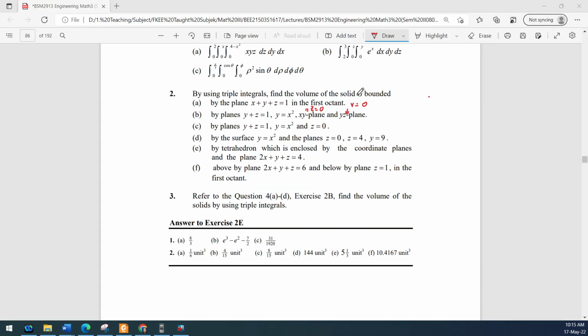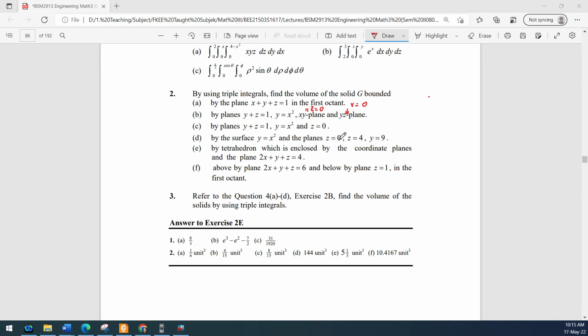Find the volume of the solid G bounded by the surface y equal to x squared and the planes z equal to 0, z equal to 4, y equal to 9. So you see the limit of z is 0 to 4.